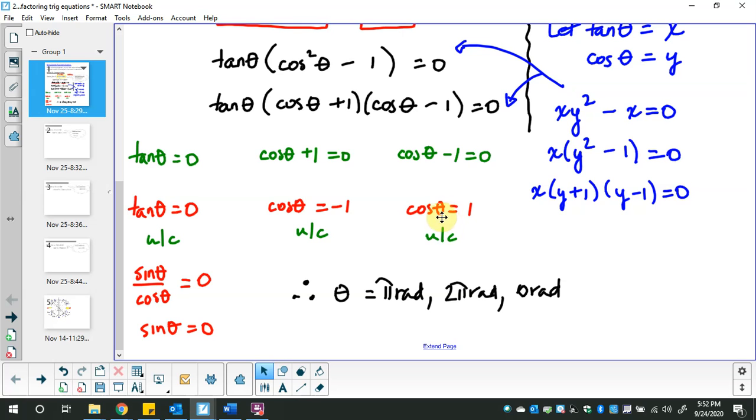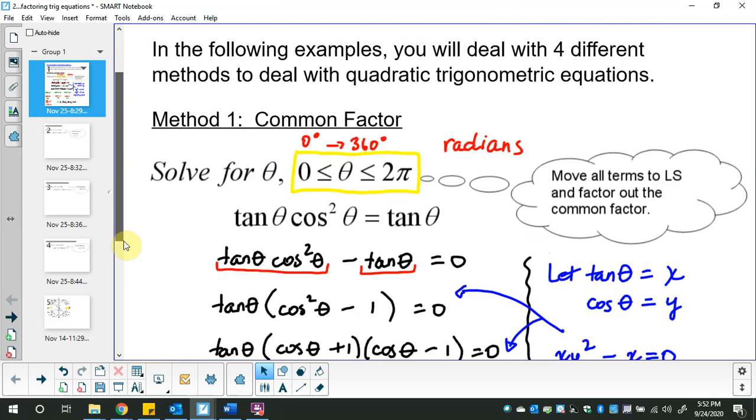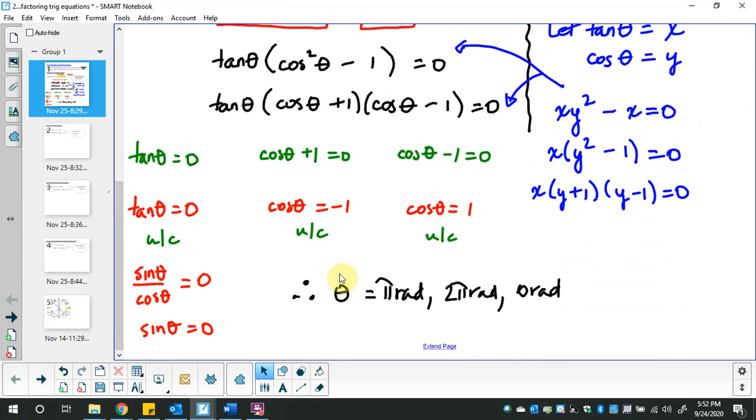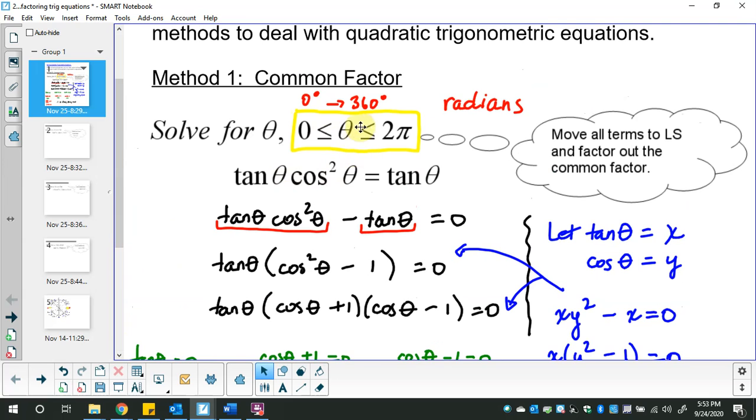And I also need cos theta is equal to 1, and it's here. So it's these two answers, which are already in my list, so I don't have to write them down again. And if you take a look at these answers, every single one of them is between 0 and 2 pi, and it's in radians, so I've covered what I'm supposed to here.